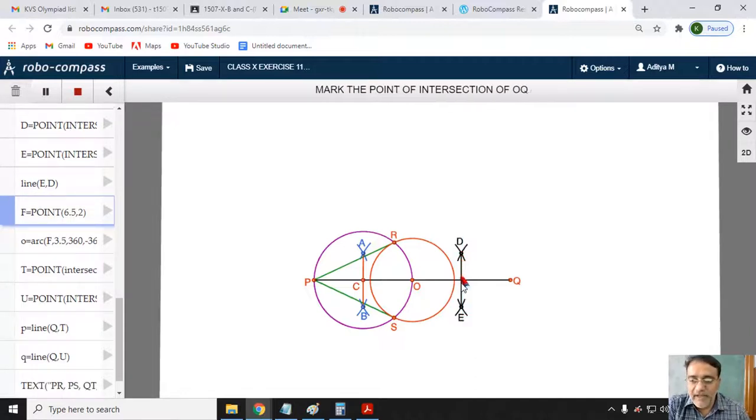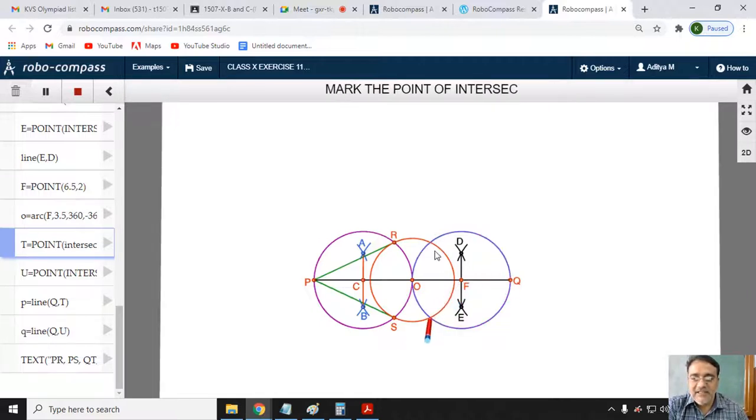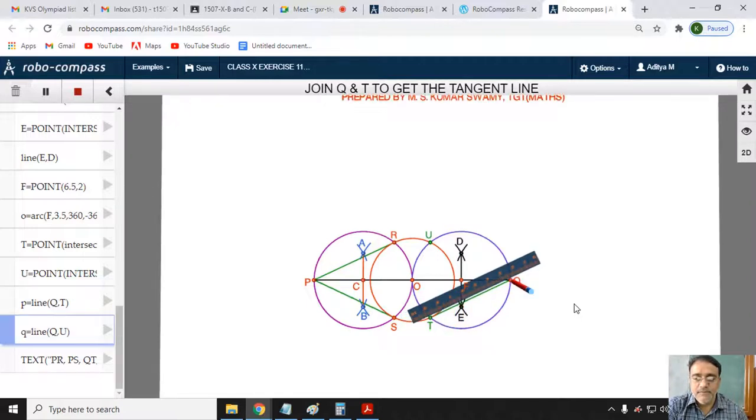After that, taking F as the center and OF as the radius, we will draw the circle, either OF or FQ. It will intersect the given circle at points T and U. Now we have to join QT and QU.